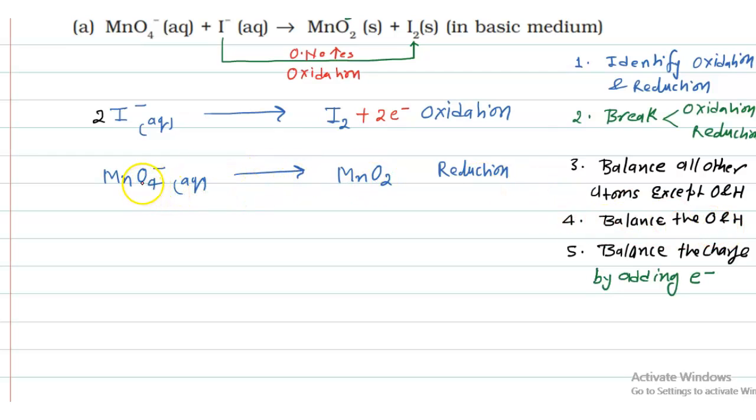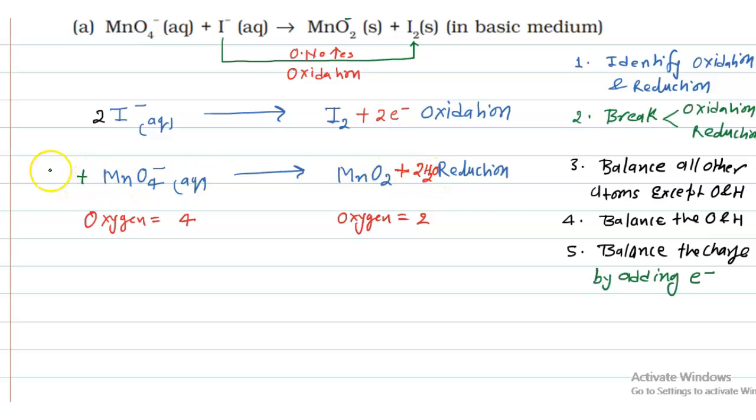Towards the product side we calculate oxygen: there is 4 on one side, and on this side oxygen is 2. So here 2 oxygen is less. For balancing oxygen we add 2 H2O molecules. Is it clear? Now the oxygen is balanced, but the number of hydrogen ions has increased, 2 times 2 is 4 hydrogen.